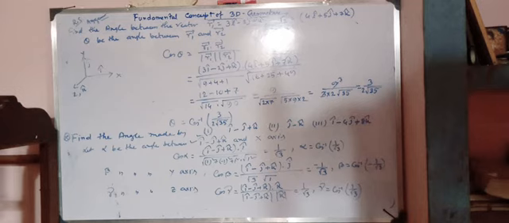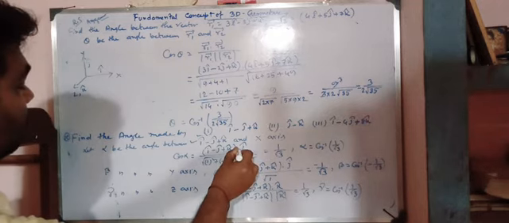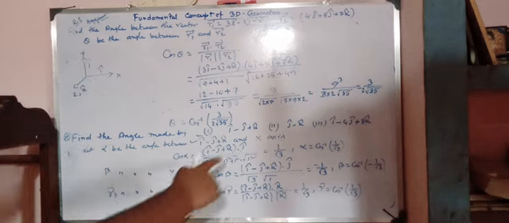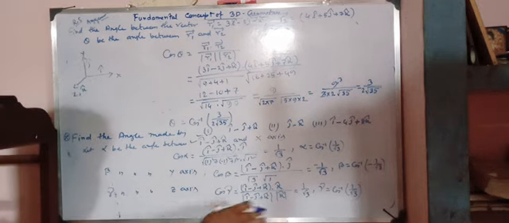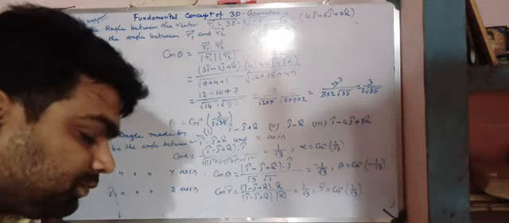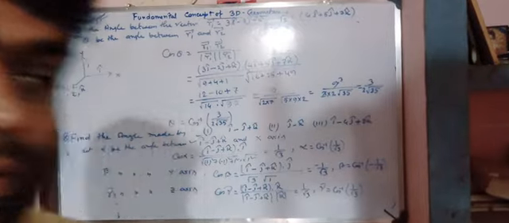So we have to take the dot product of that unit vector with the given vector, and we get the related angles between them. Understood that? So that's it for this video.